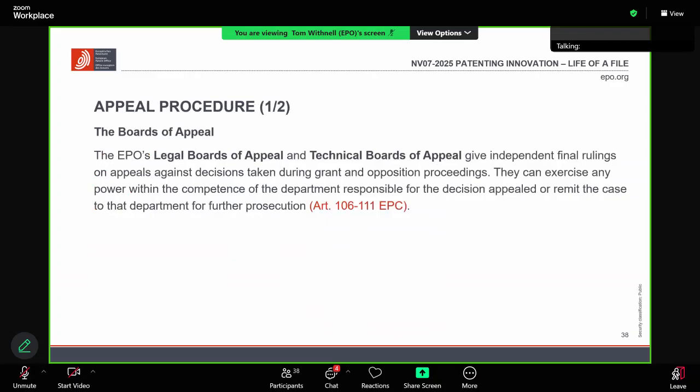As I said, any decision can be appealed by the adversely affected party. And who deals with these appeals? Well, unsurprisingly, the boards of appeal. They are the second instance. They are akin to judges. The technical boards of appeal comprise former examiners, experts with a technical background.